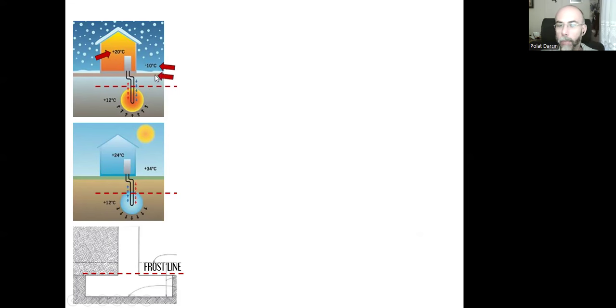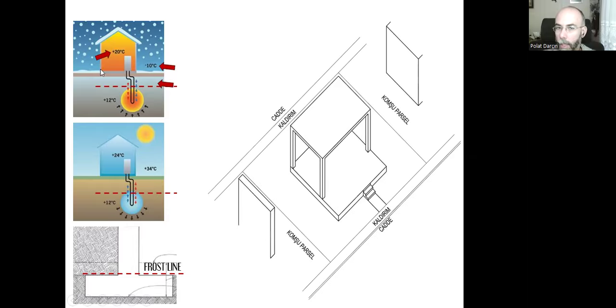And here it's probably 0 or 2 degrees Celsius. So it's colder than this inside area. That means that all the heat from this ground floor will be transferred through the cold earth and then the outside environment. We will lose heat. And this is something that we need to avoid.